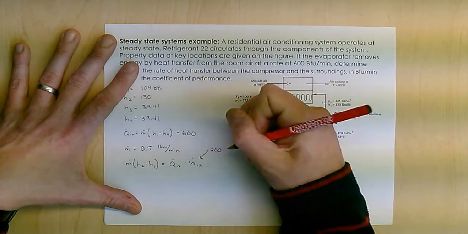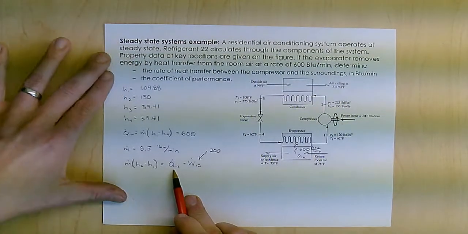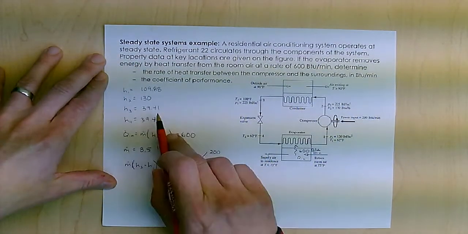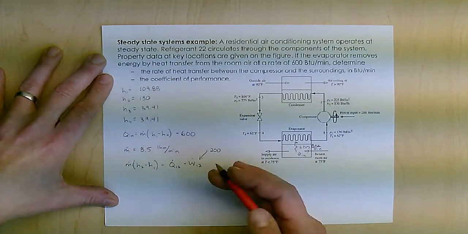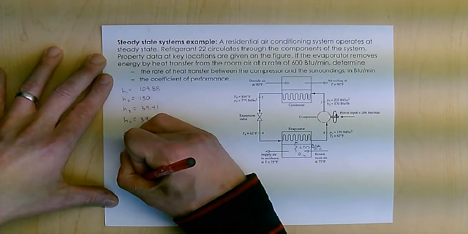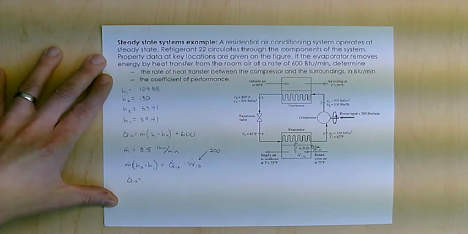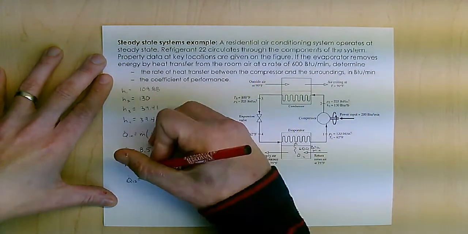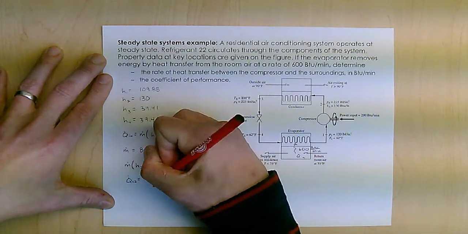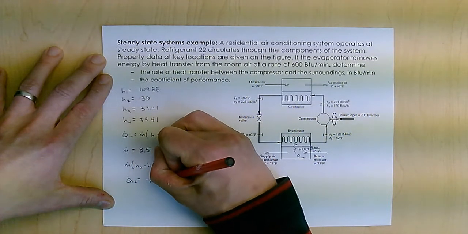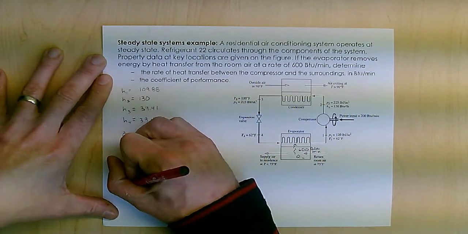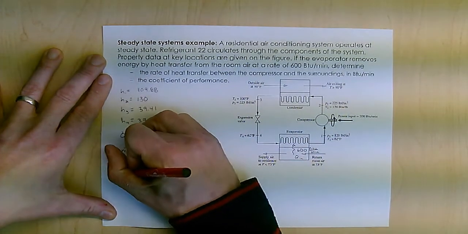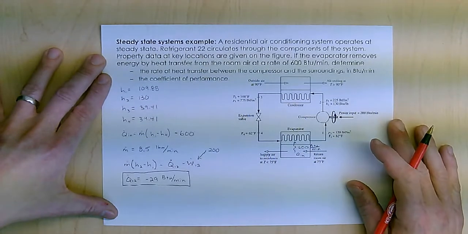I'm looking for Q. I now know my mass flow, I know H2, I know H1. The only thing I don't know is Q, the heat transfer. So my heat transfer becomes negative 29 BTUs per minute. Negative means I'm losing heat, so this is heat lost during the compressor process.